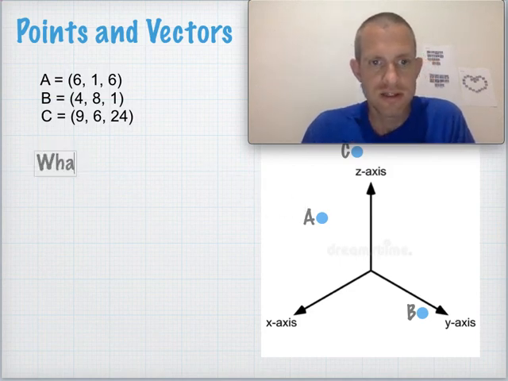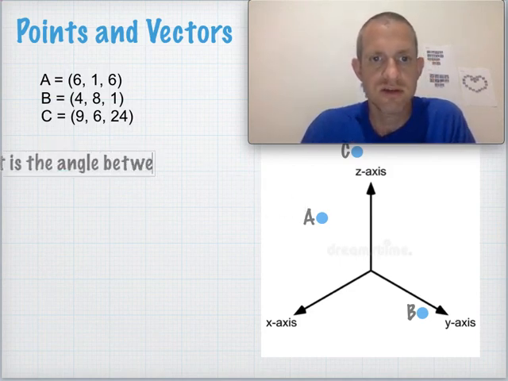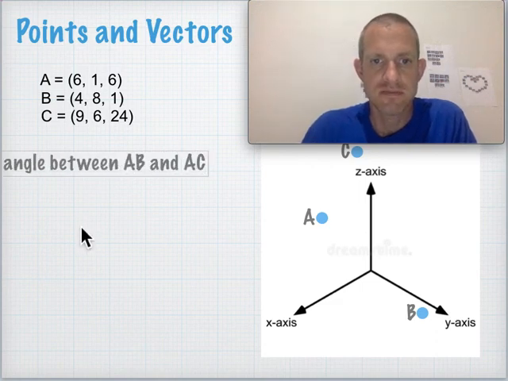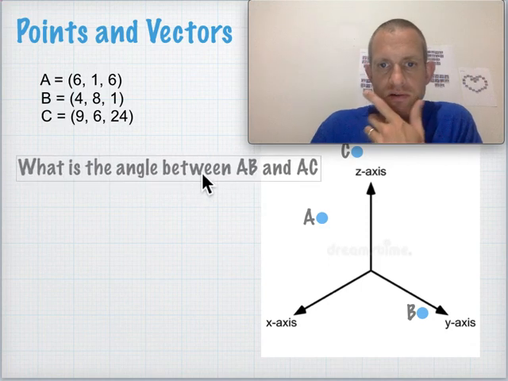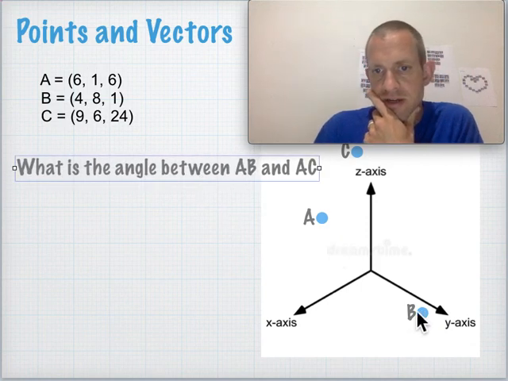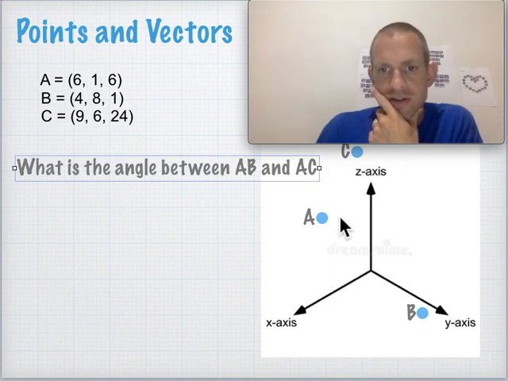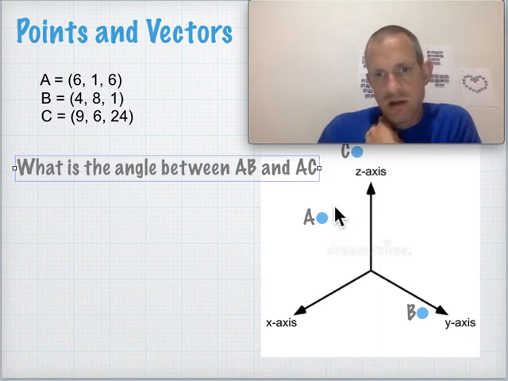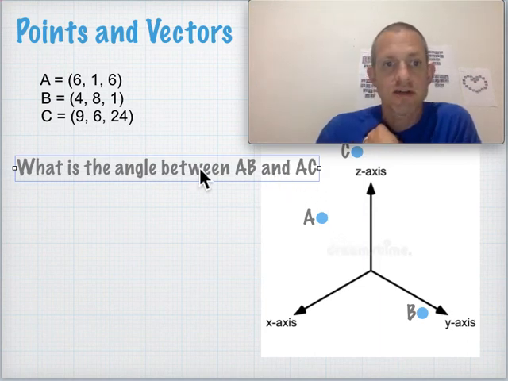So what is the angle between AB and AC? So AB is here, AC is here. It's hard to tell for sure because this isn't perfectly to scale, but I wouldn't be surprised if that angle is somewhere around 90 degrees or something like that.